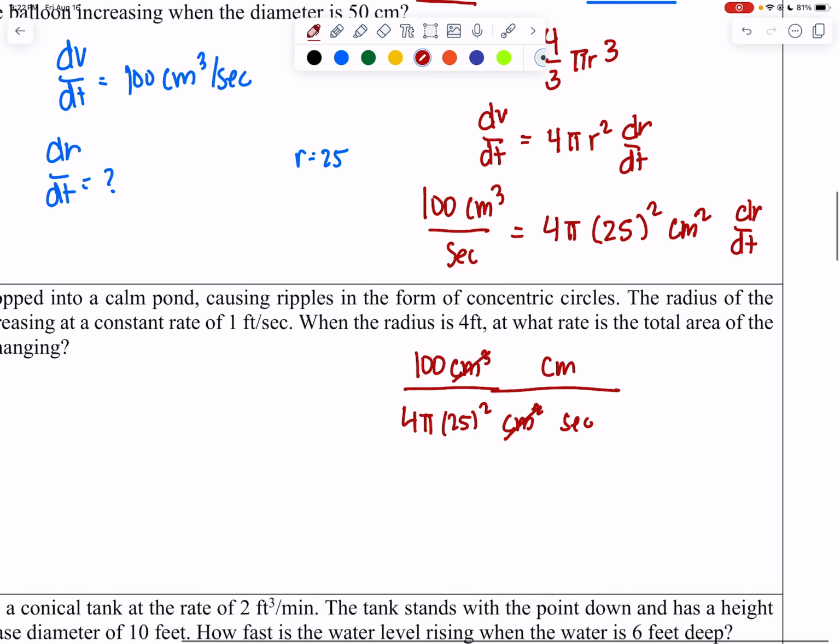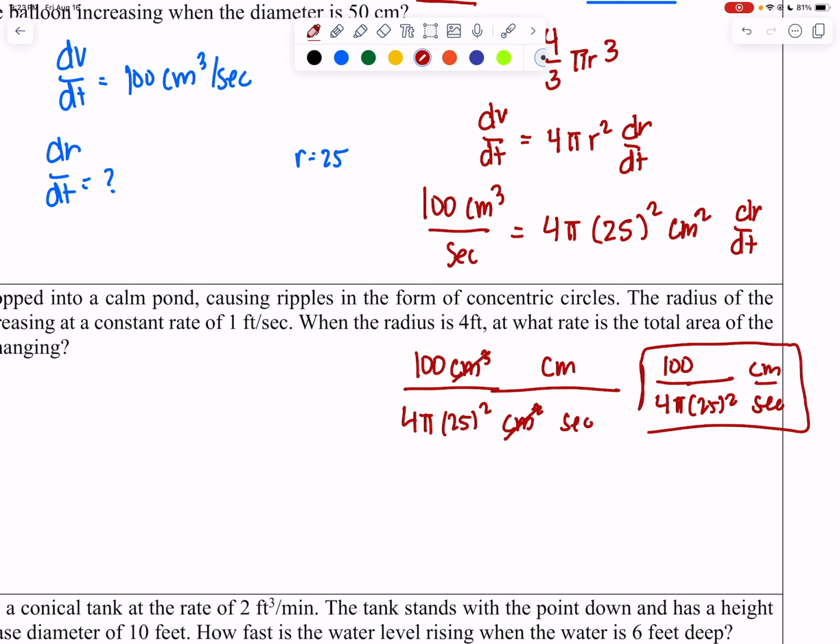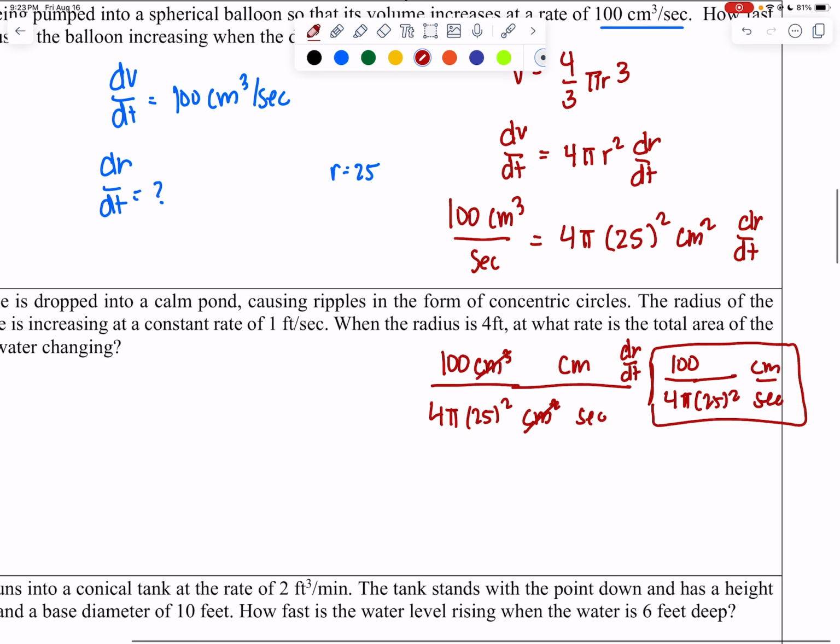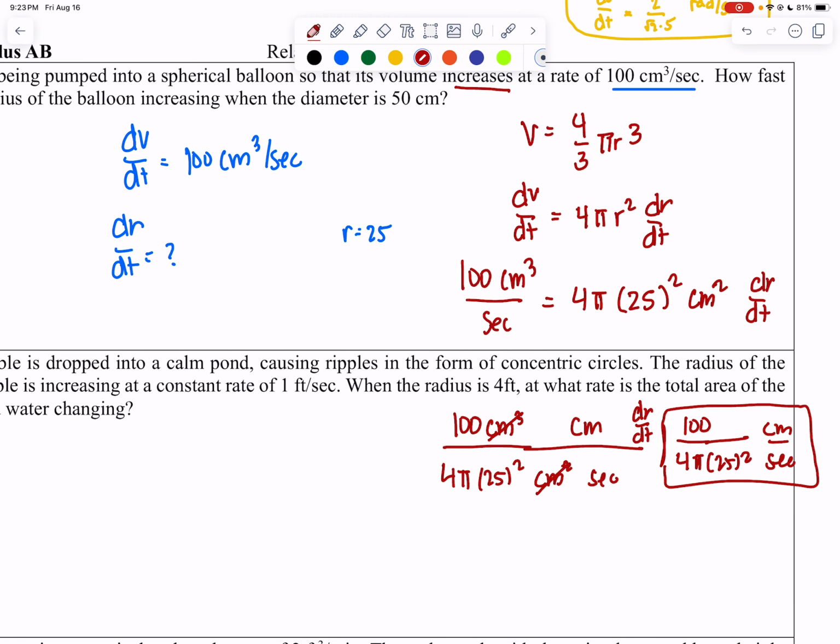And I have 100 over 4 pi 25 squared centimeters per second, which is dr/dt. And notice how I did not simplify it, so just call it a day and leave it like that. And notice how our units match up, because if we're talking about the radius with respect to time, that's going to be centimeters per second.